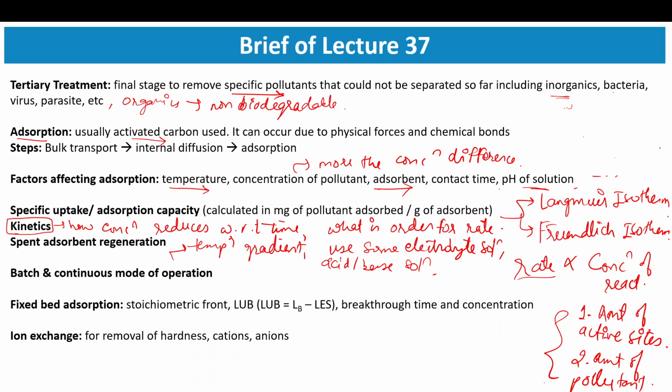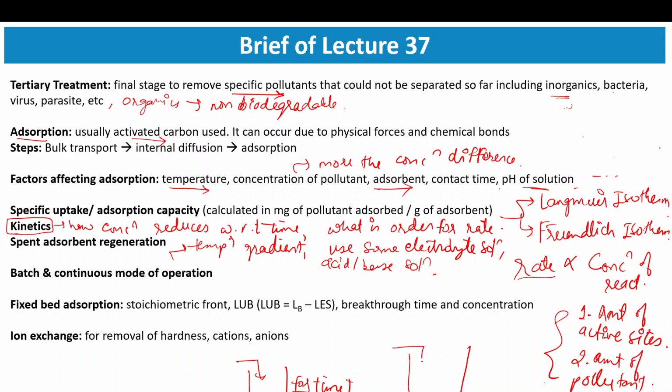So batch mode of operation means that this is the reactor. You dump all the reactants at a time and you allow the reaction to occur for time t, towards completion, and then you take out the products or the byproduct.